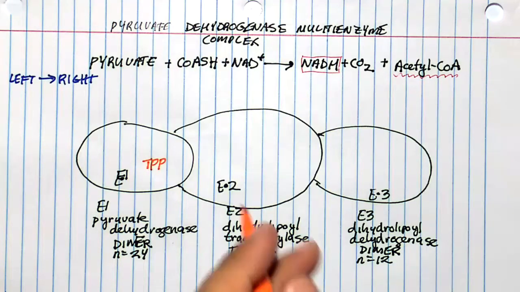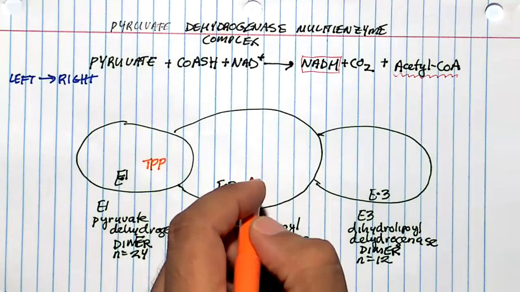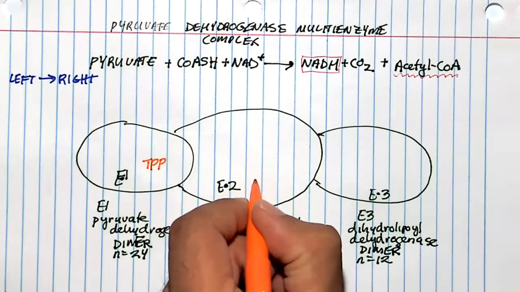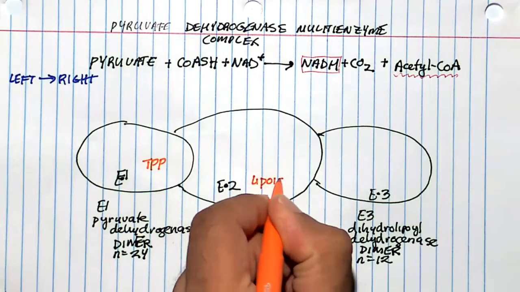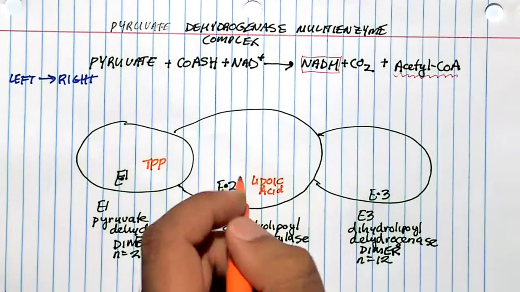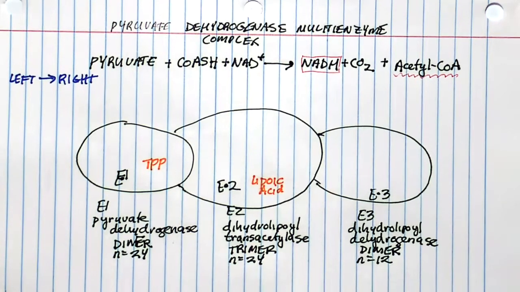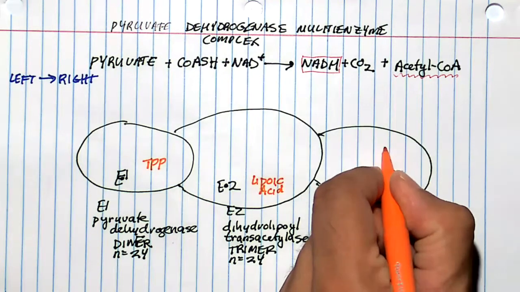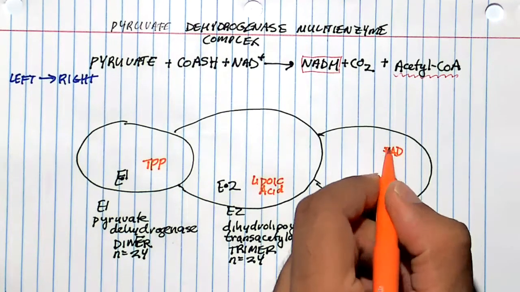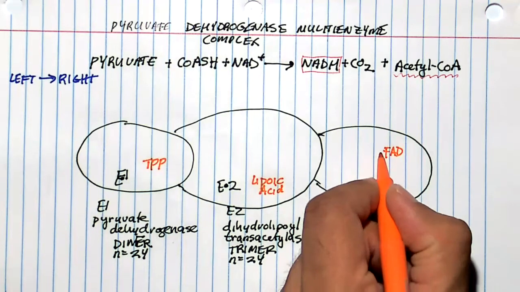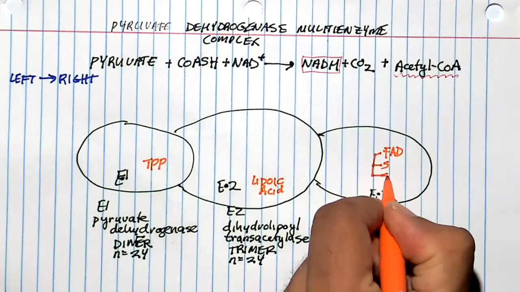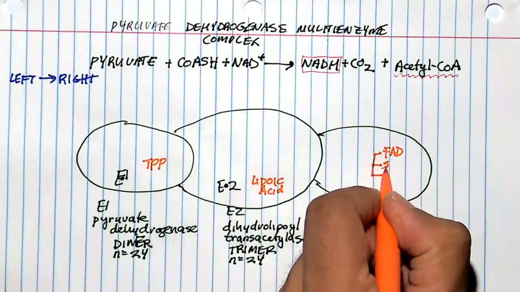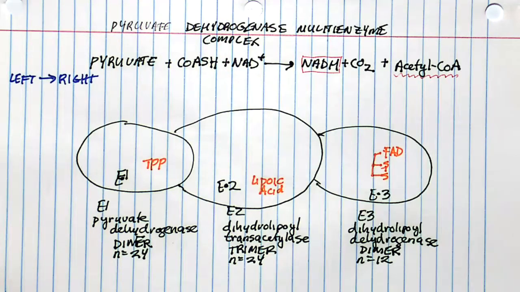We also just call it lipolysine or lipolysyl, but the actual cofactor is lipoic acid. It's conjugated to the amino acid lysine. And then finally, the third cofactor contained within E3 is FAD. Okay, that FAD actually is associated intimately with a sulfhydryl group that's within the E3 protein. Okay, so FAD, lipoic acid, and TPP are 3 of the cofactors that are involved.